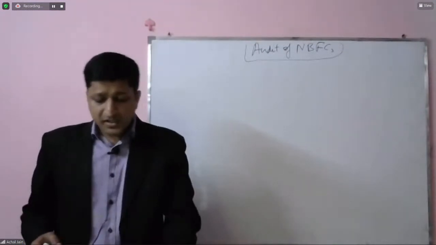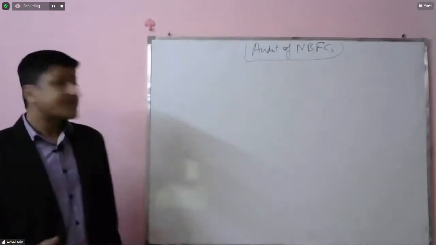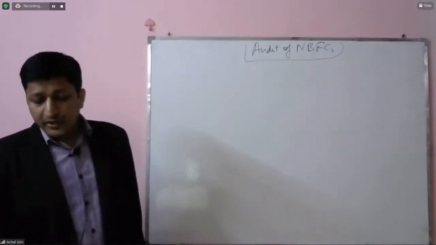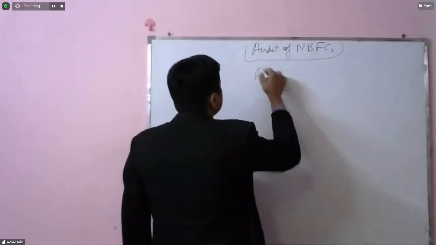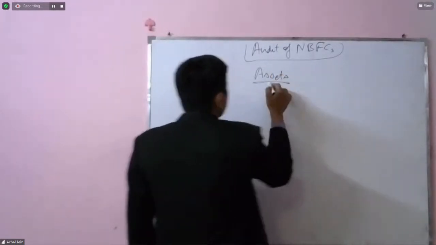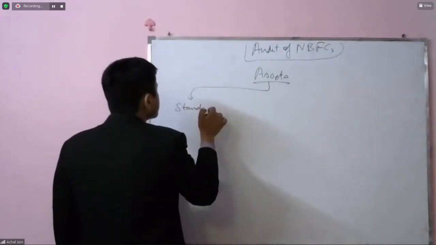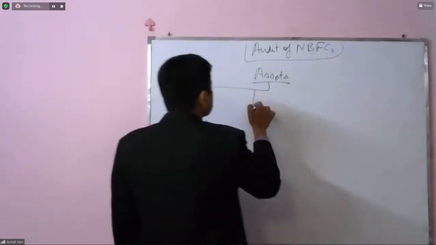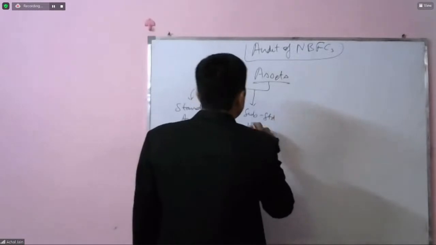See, for an NBFC, we can say its assets, its advances, may be categorized into the following categories. First, standard assets. Second, substandard assets.